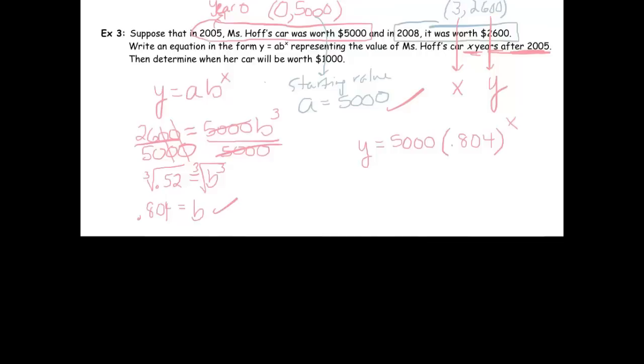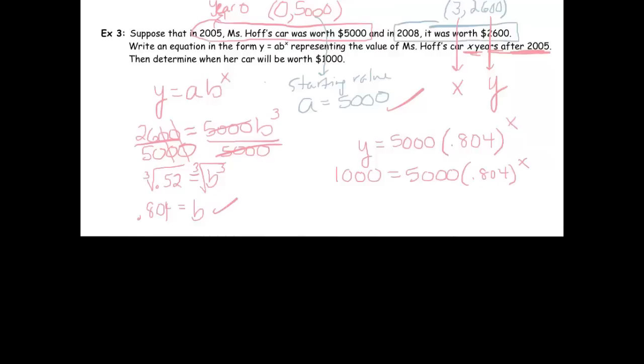I want to know when my car will be worth $1,000. So when will this function get me $1,000? That is what I'm going to plug in for y. When will this function equal 1,000? And the way that we solved that in the previous video was to graph.